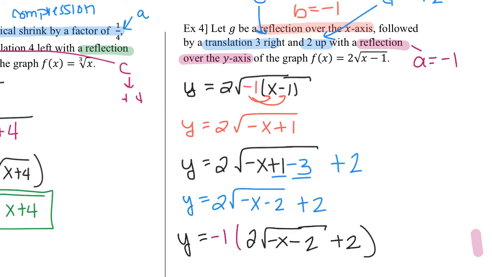So we're going to have to make sure we distribute in this negative 1. So negative 1 times 2 makes negative 2 square root of negative x minus 2, and then negative 1 times a positive 2, which turns it into a minus 2. Make sure you put parentheses when you use a's and b's.